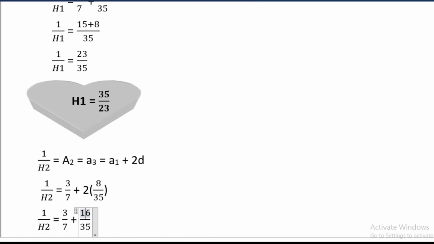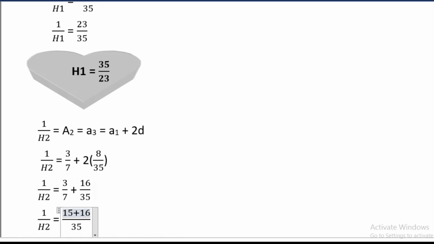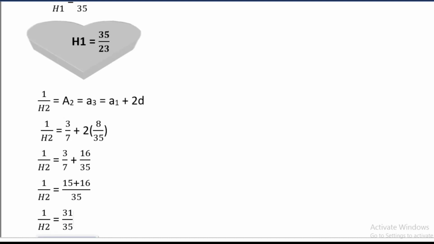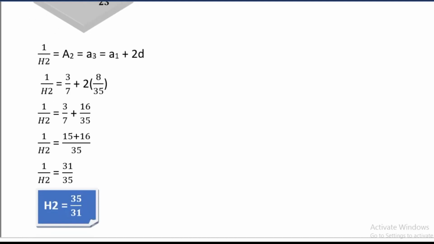So LCM of 7 and 35 is equal to 35. 7 fives are 35, 5 threes are 15, plus 1 times 16 equal to 16. 16 plus 15 equal to 31 divided by 35. So the reciprocal of 1 divided by H2 is H2 equal to 35 divided by 31.